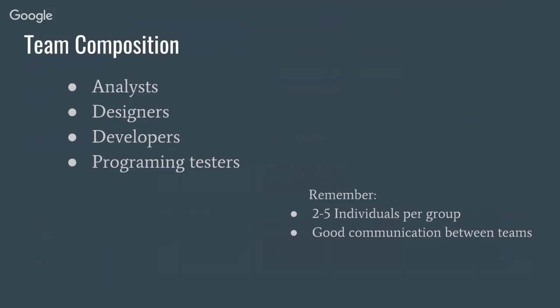With that in mind, we encourage open and honest communication between these groups to help facilitate productivity on the project. On this next slide, we just want to show what will be expected from these individual groups.